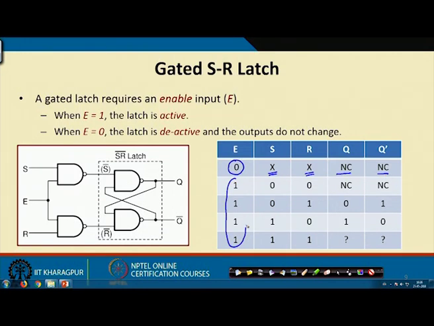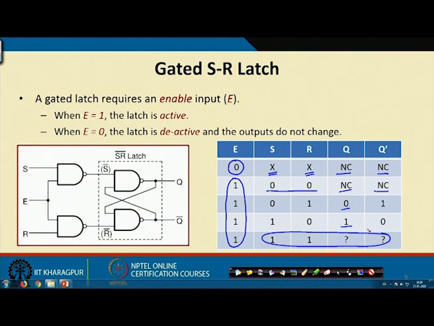Next 4 rows indicate when the latch is active, E is 1. When S is 0, R is 0, just like previous, no change; 0 1 will cause the output to become 0, 1 0 will cause output to be 1, and 1 1 is an invalid combination.